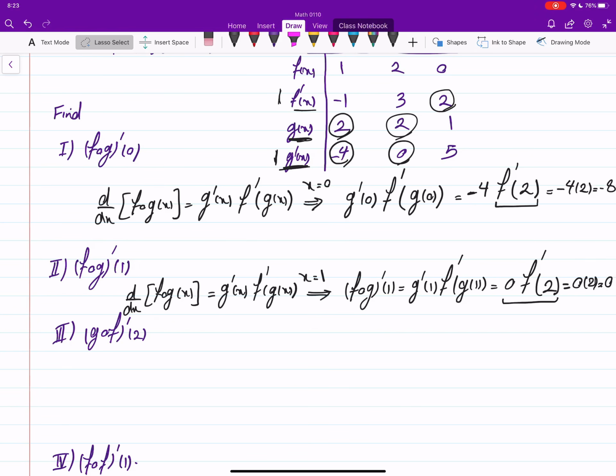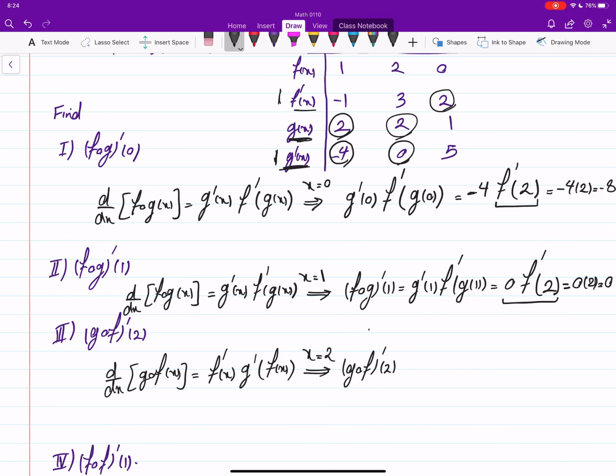How about the derivative of g∘f at 2? Well, the derivative of g∘f is the derivative of the inner one times the derivative of the outer one evaluated at x. When you set x equal to 2, let me completely write this one. (g∘f)' at 2 is going to be f prime at 2 times g prime at f of 2.